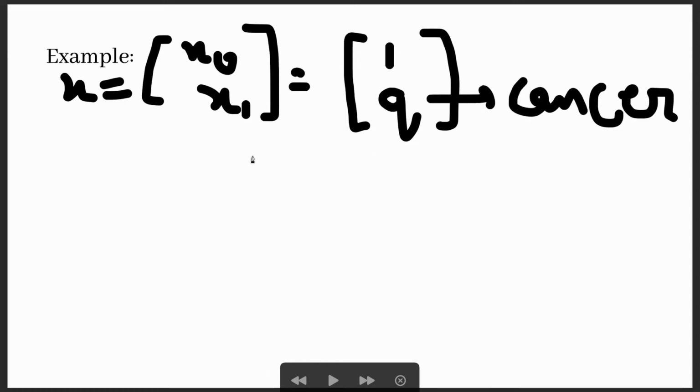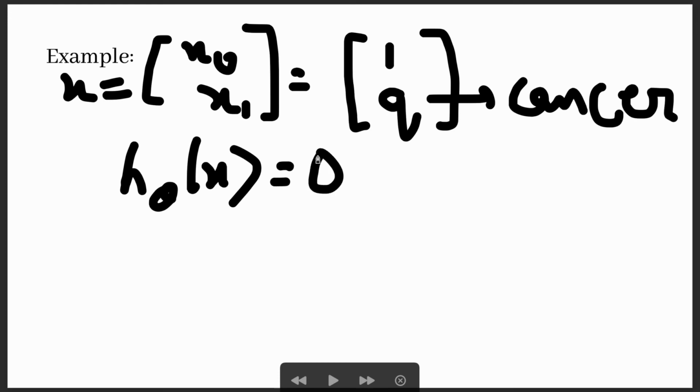Now let's say we feed this data into our hypothesis, and h of theta x gives us an output of 0.7. That tells us that the probability of the patient having cancer is 70%, so we need to take strict actions. We need to admit the patient.